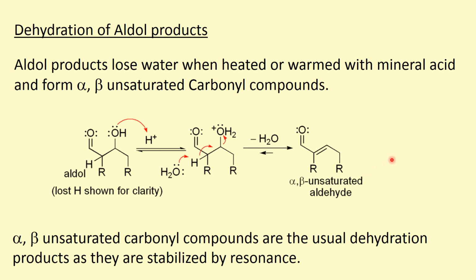Alpha beta unsaturated carbonyl compounds are the usual dehydration product and they are stabilized by resonance. These compounds have great synthetic importance, because on oxidation you can prepare alpha beta unsaturated acids, on reduction you can prepare alpha beta unsaturated alcohol, etc.